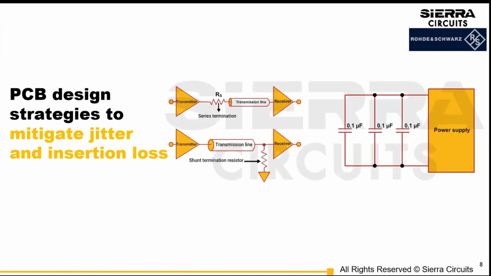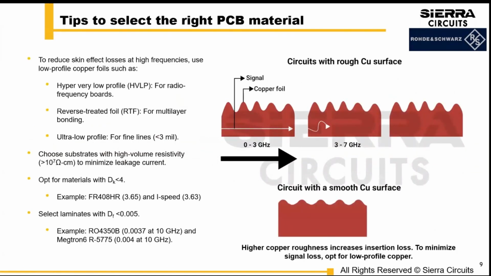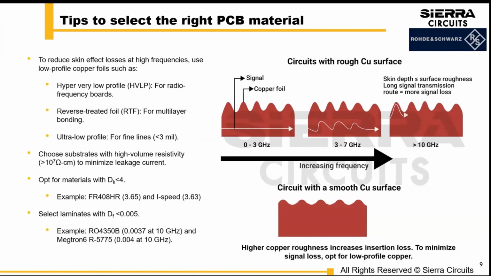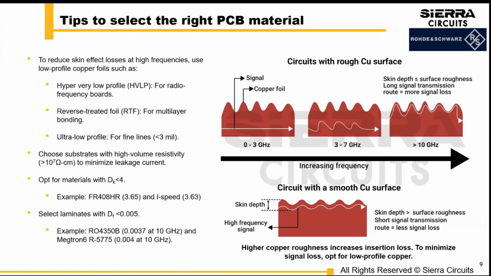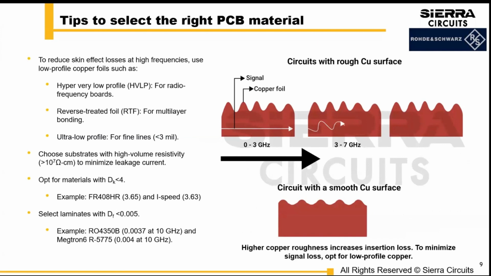All right, so we definitely want to talk about strategies to minimize and mitigate jitter and insertion loss. First and foremost, you have to select the right PCB materials for your application.